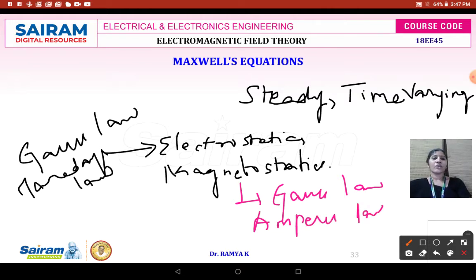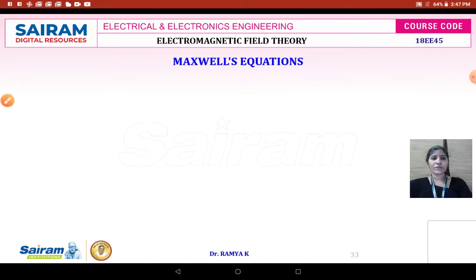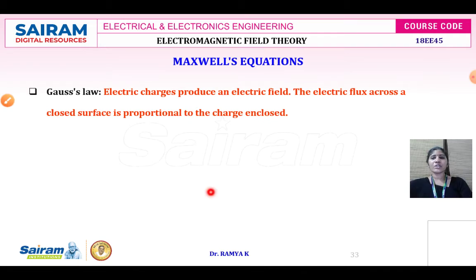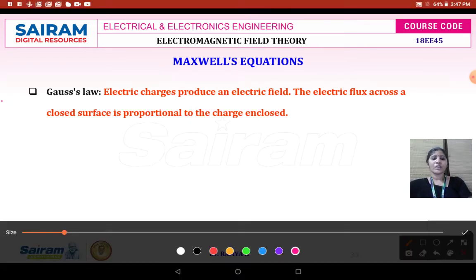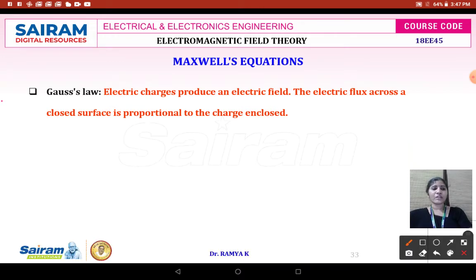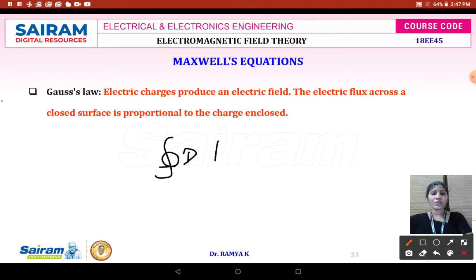Now we'll see the laws we are going to use for writing the Maxwell's equation. The first law is Gauss's law. Gauss's law states that the electric flux density coming out from any closed surface is equal to the charge enclosed in that surface.